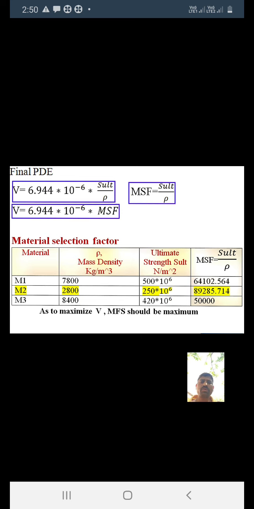Rho is the mass density and SUT is the ultimate strength. Both values we know. With the help of these values you can calculate the material selection factor for material 1, material 2 and material 3. To maximize V, the MSF should be maximum.